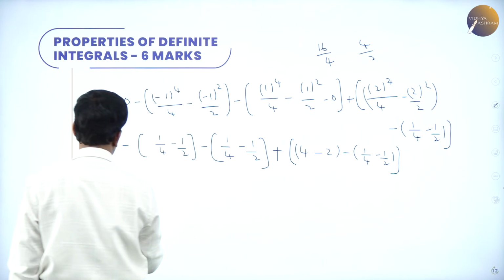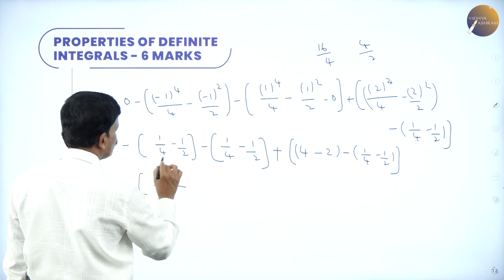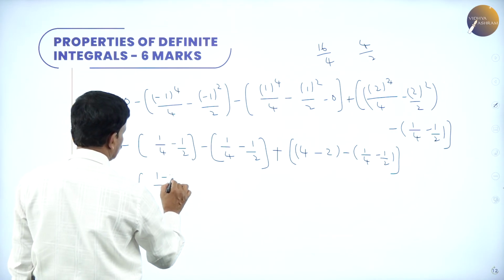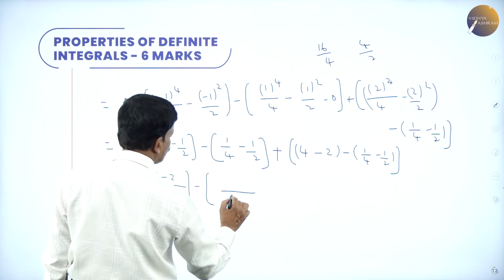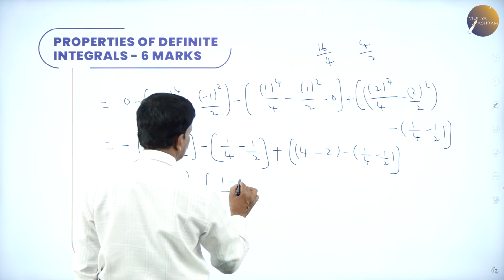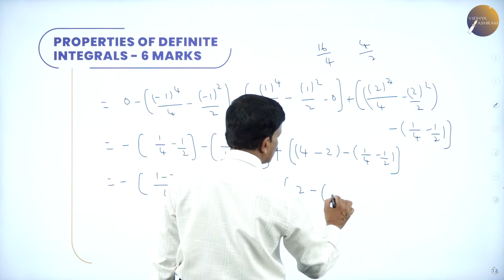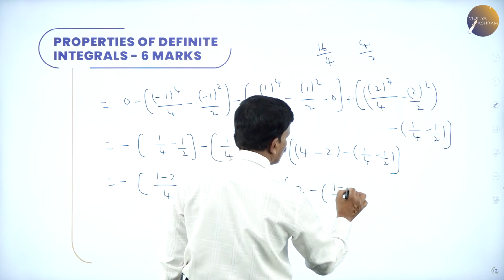Simplify this. This is minus of, take LCM, 4 is the LCM, 4 4 gets cancelled, 1 minus 2, minus of, again 4 is the LCM, 1 minus 2, plus this is 2 minus, take LCM, 4 is the LCM, 1 minus 2.